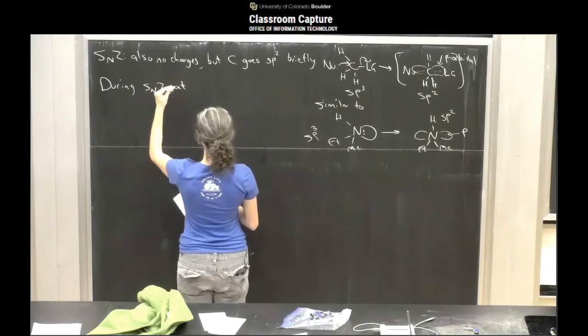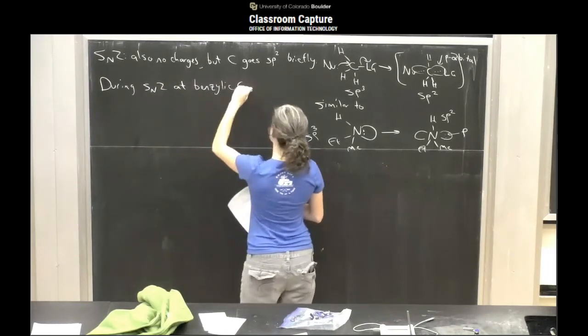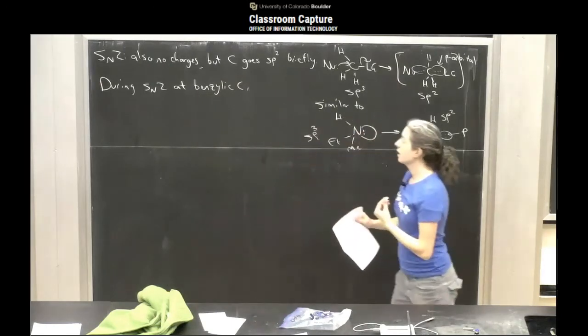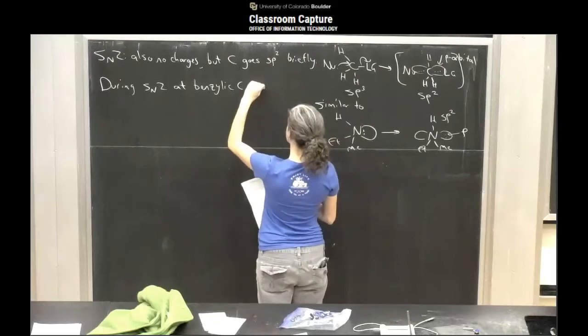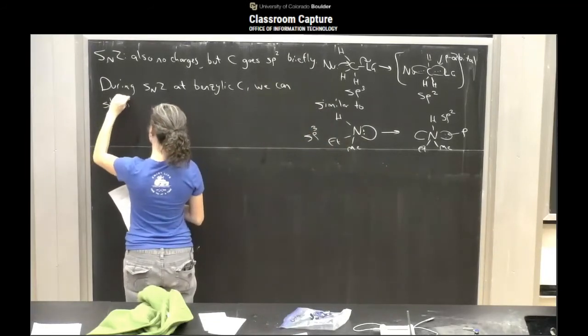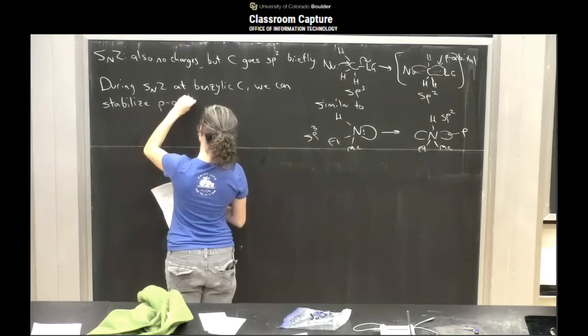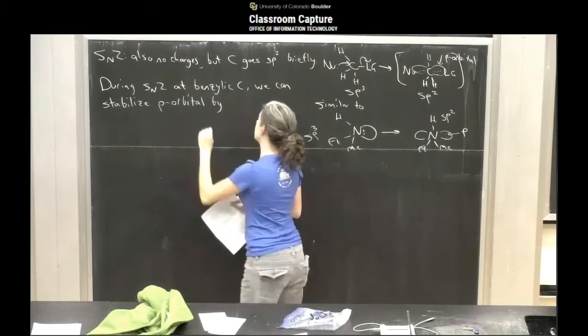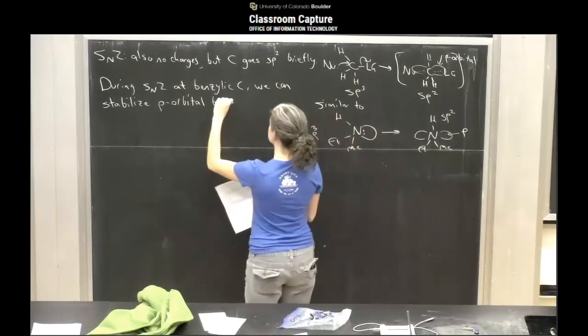So if we're doing SN2 at the benzylic carbon, then we can stabilize the p orbital that forms by overlapping it slightly with the pi system of the aromatic ring.